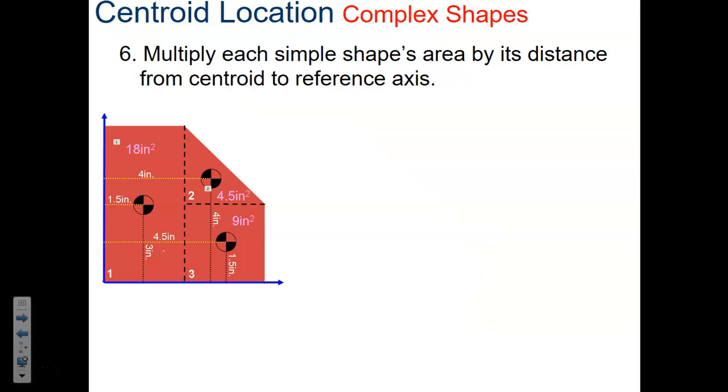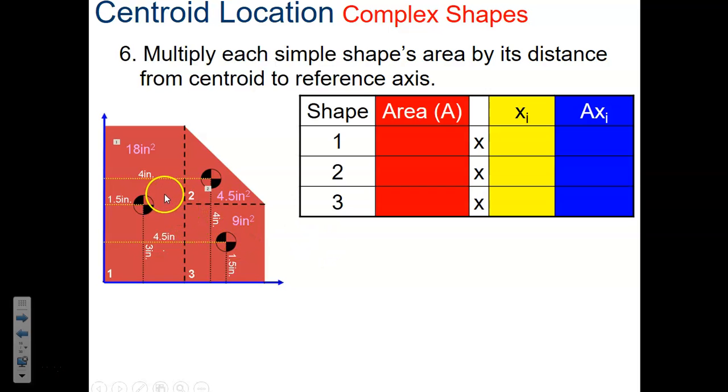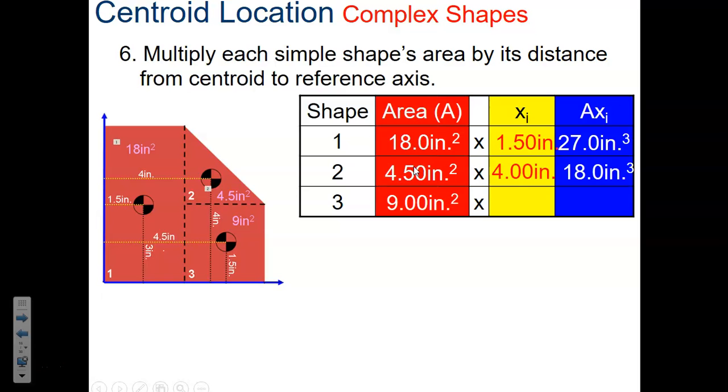The next thing you do is you multiply the shape's area times its centroid location. So this A means the area of shape 1, area of shape 2, area of shape 3. And x is the x centroid of shape 1, which we said was 1.5 inches over.